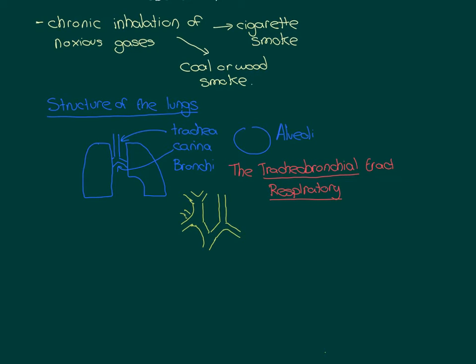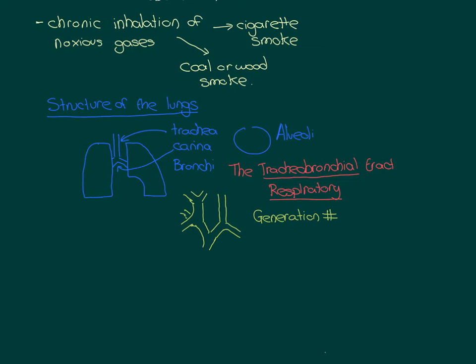So how do we make sense of this? Well, one of the ways that we can do it is we can give all of the airways what's known as a generation number. So let me just explain what is meant by a generation number. I'll use this little symbol for number.